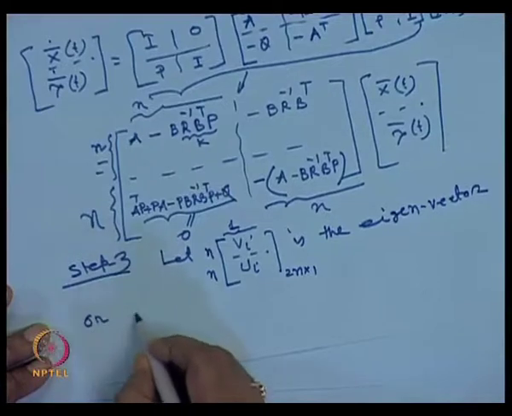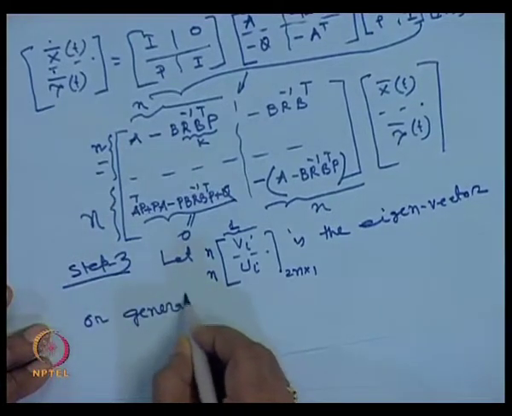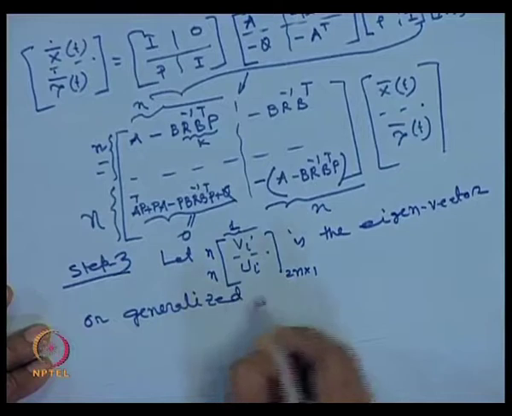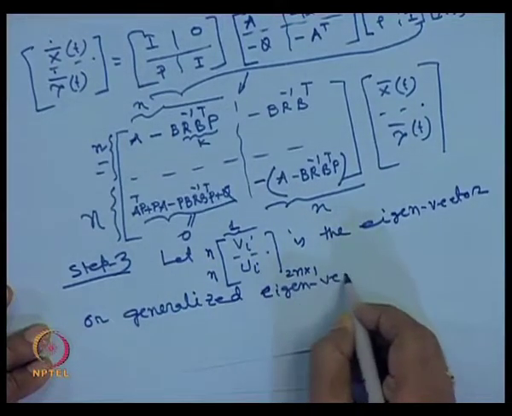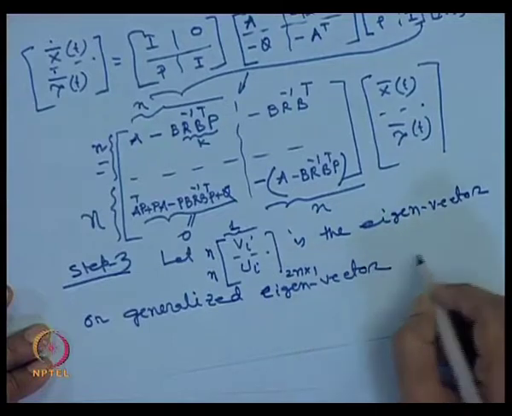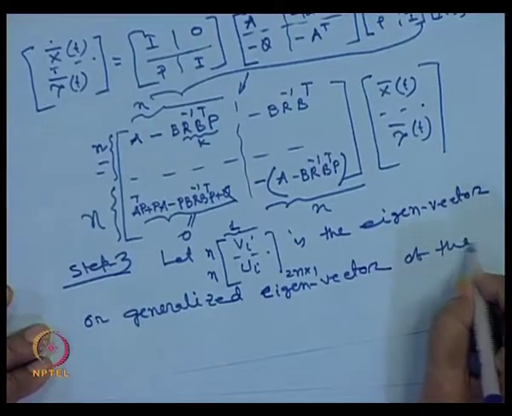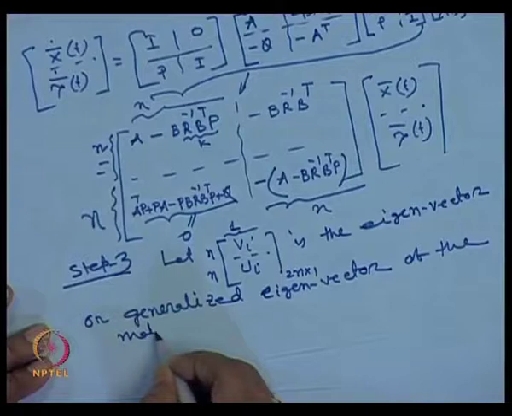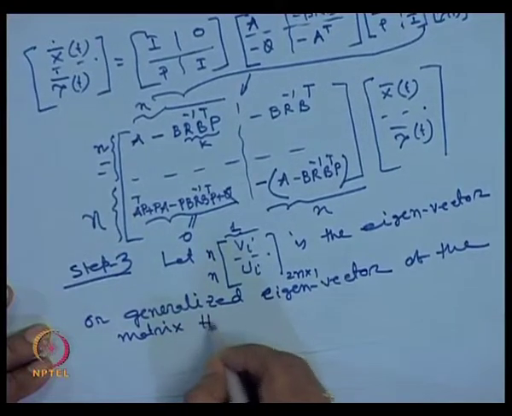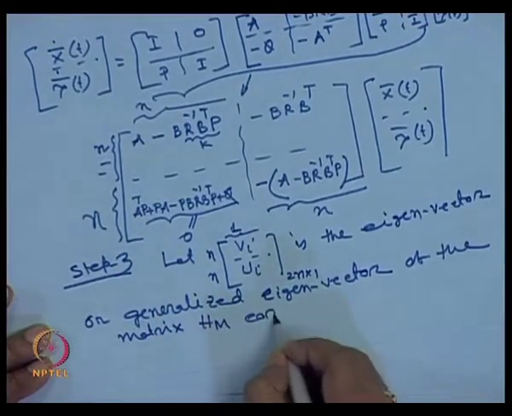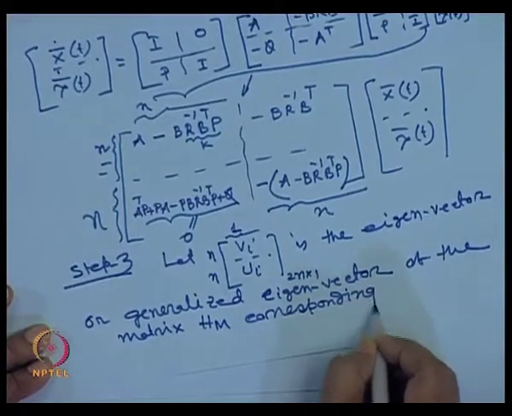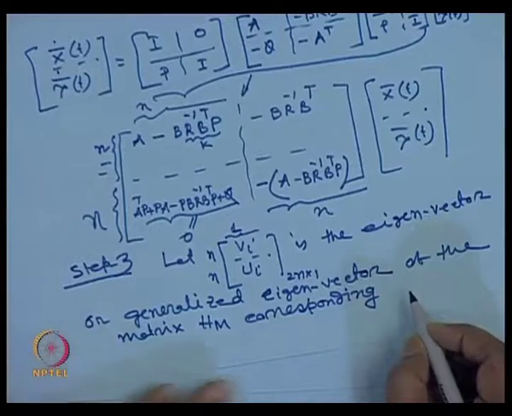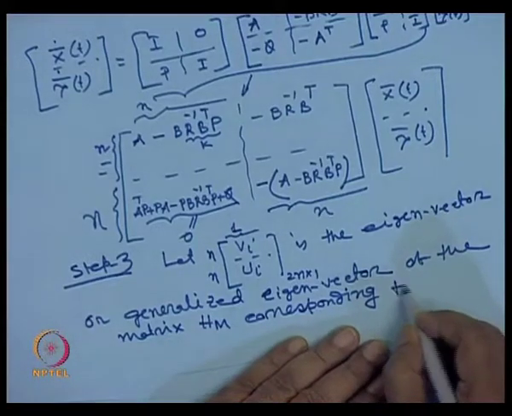or generalized eigenvector of the matrix Hm corresponding to negative real parts, or in other words corresponding to mu_i.